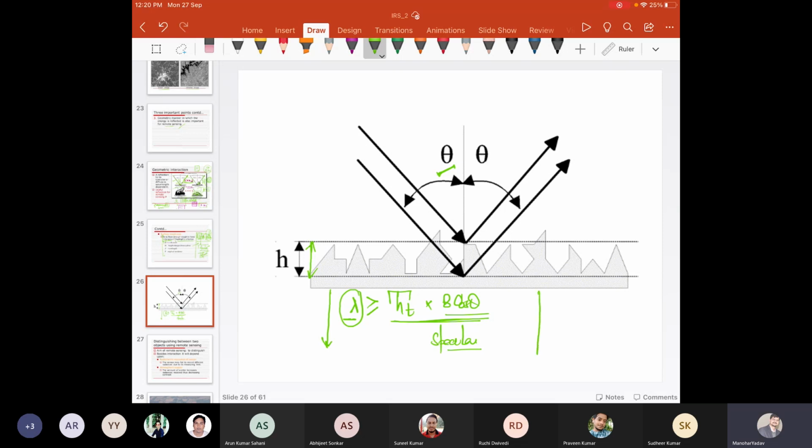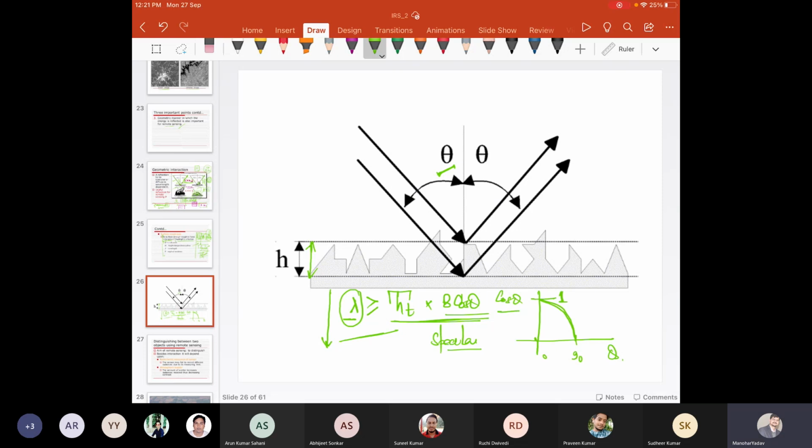you see the variation of cos theta. This is 0, and let's say this is 90. At 0 the value is 1, at 90 it is 0. So this inequality will also change.